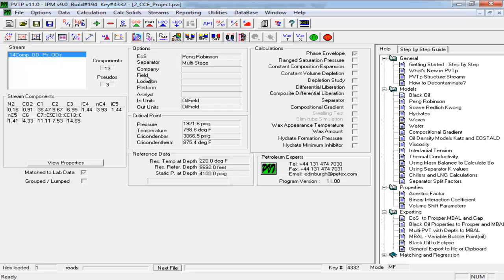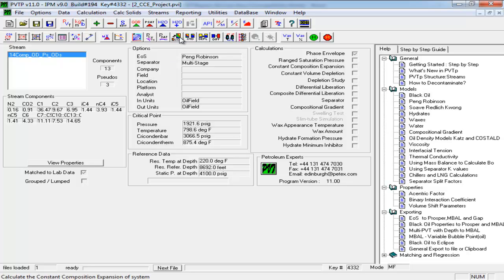So each time you enter lab data, you will need to simulate that, and you compare the data which you have from your equation of state and the data from the lab. And then when you compare them, you will know how much your results or your equation of state is able to reproduce the same results.